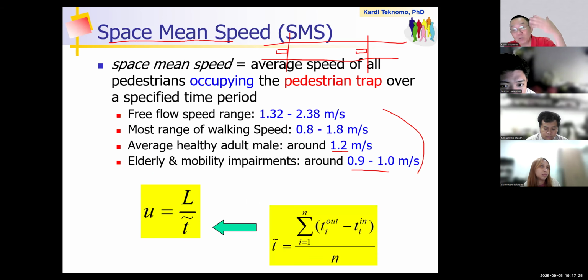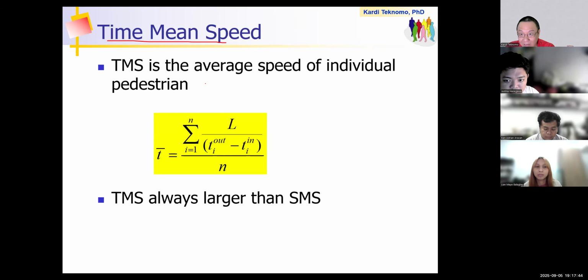So if you use a speed gun to get the average speed, you cannot use that directly in the fundamental traffic flow formula. You need to convert first. The TMS, the time mean speed, is usually larger than the space mean speed.